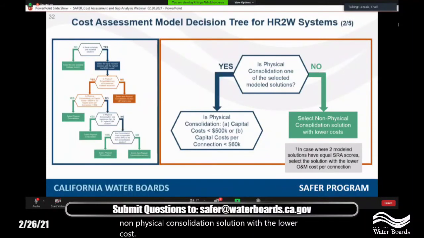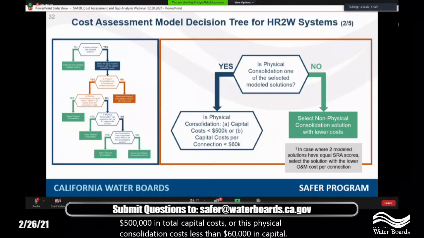However, if physical consolidation is one of those selected modeled solutions, we proceed by examining whether it meets either of the following two criteria. First, does physical consolidation cost less than $500,000 in total capital costs? Or does physical consolidation cost less than $60,000 in capital costs per connection? Next slide.